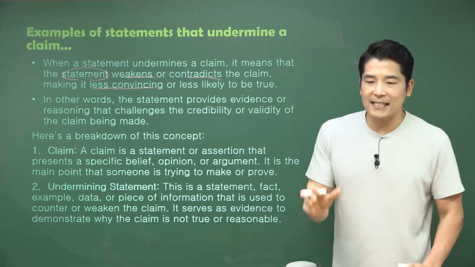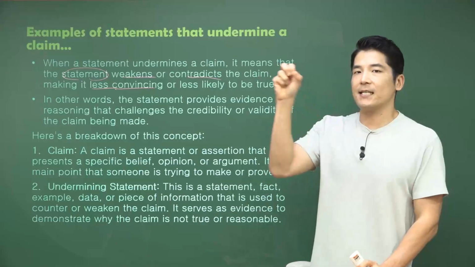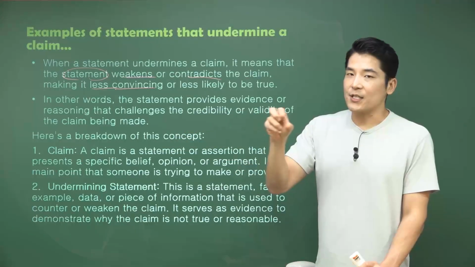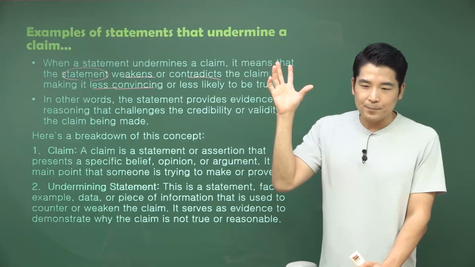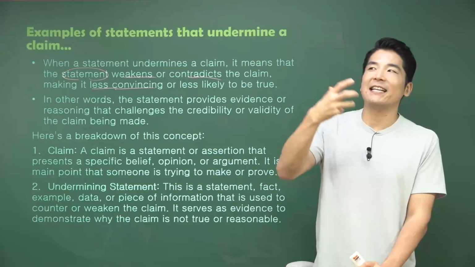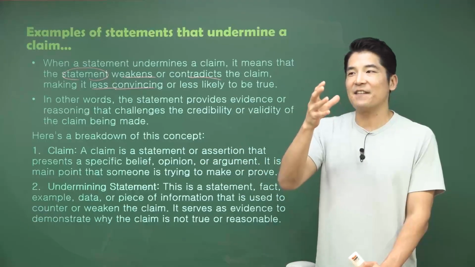But it's really important that you understand that a statement that weakens a claim has to, first of all, directly relate to the claim. If a statement is unrelated to the claim, there's no way that it can weaken it, because it doesn't affect the claim.